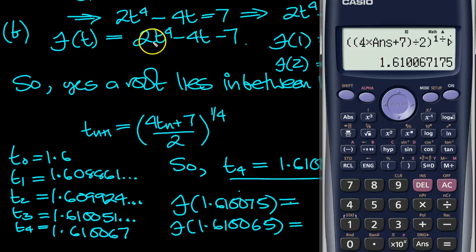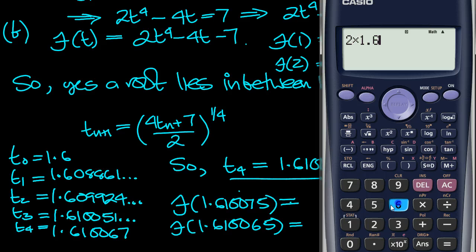So we need to type the equation in then, 2 times 1.610075 to the power 4 minus 4 times 1.610075, minus 7.